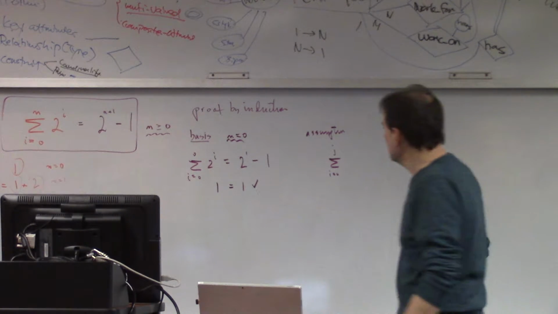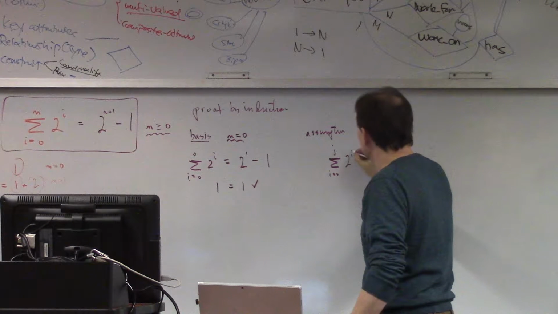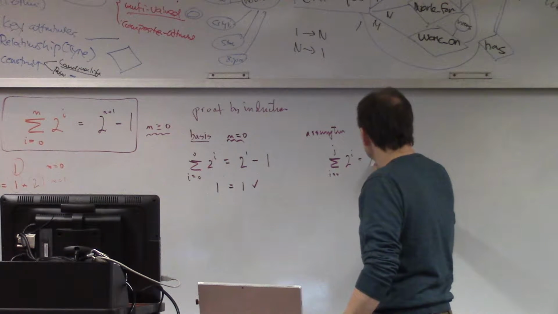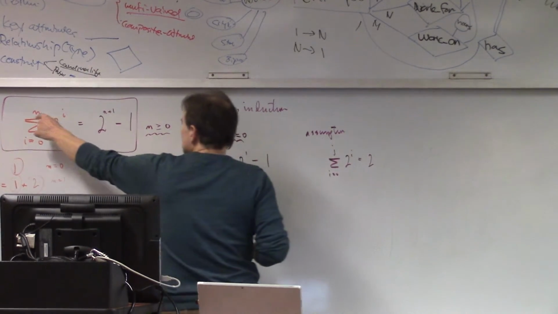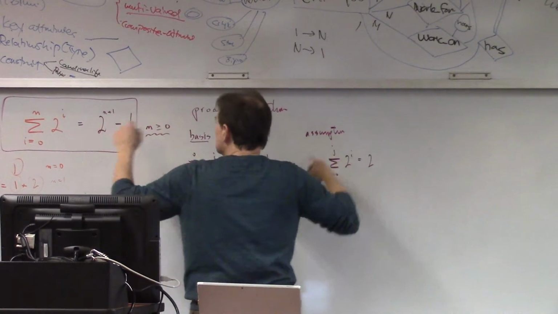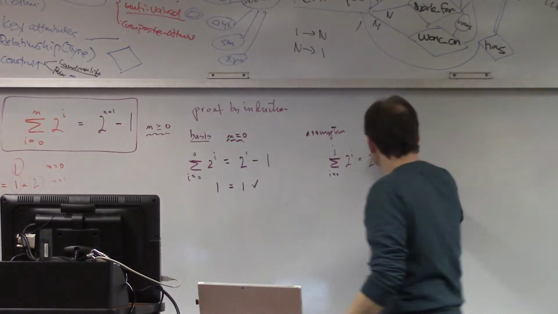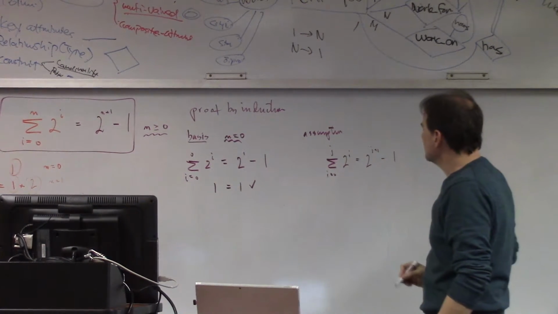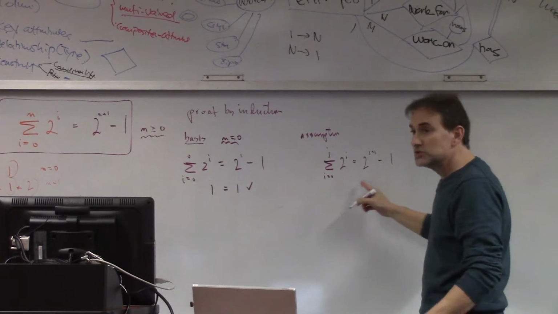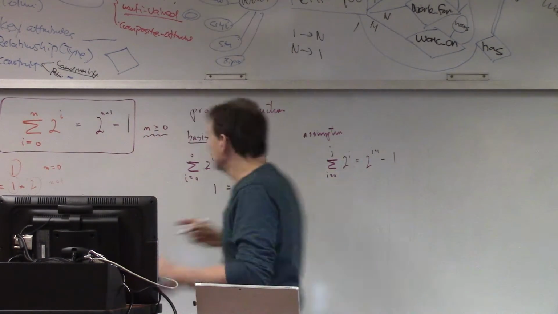All I'm doing is substituting j for n. So if this was from 0 to n, and n goes to n plus 1, this is j going to j plus 1, minus 1. We'll assume this is true, but we can't assume it for n.